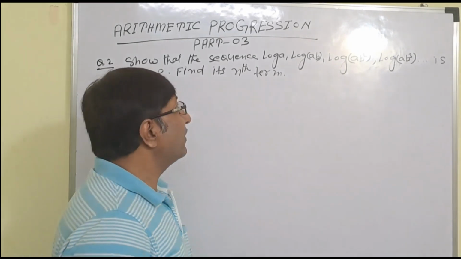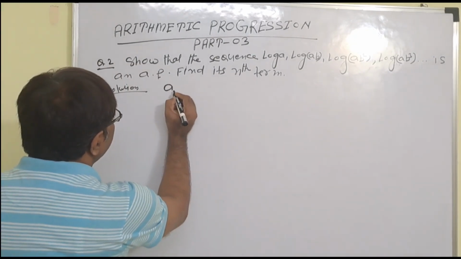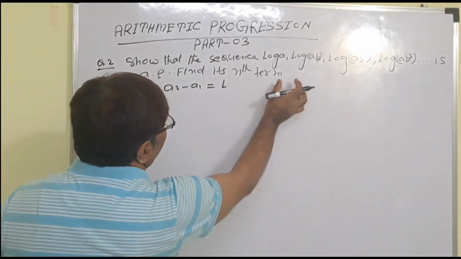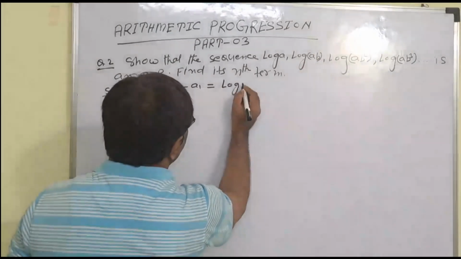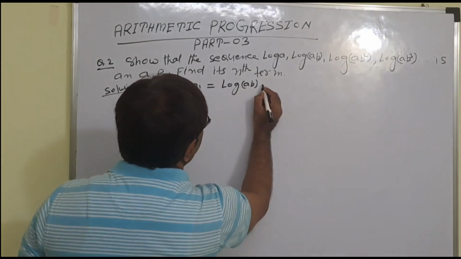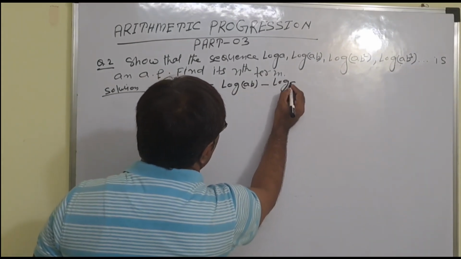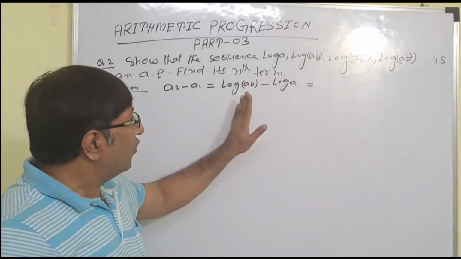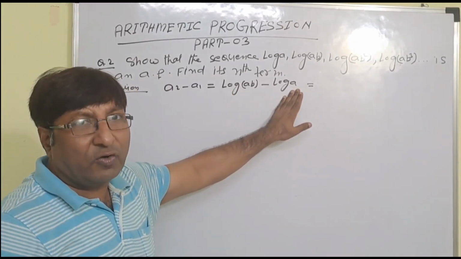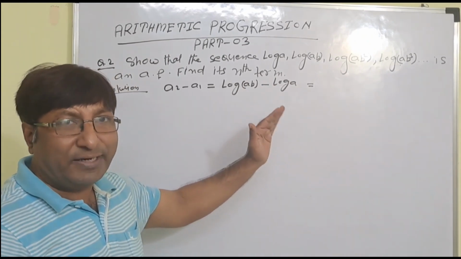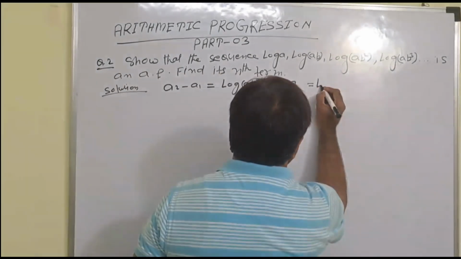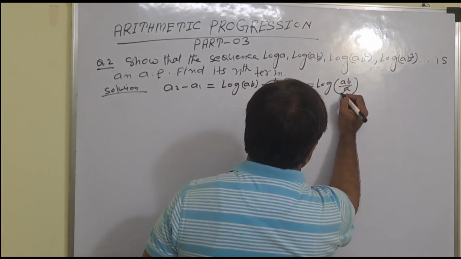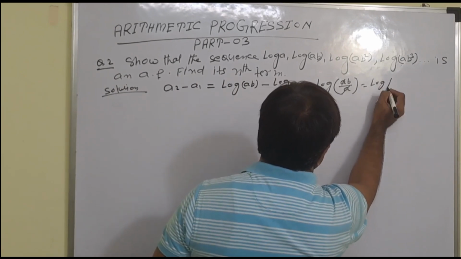First let's check. We find the second term A2 minus first term A1. Here A2 is log ab, minus the first term, log a. You know log x minus log y means log x upon y, x divided by y. So we can write log ab divided by a. This a and a cancel, and we get log b.